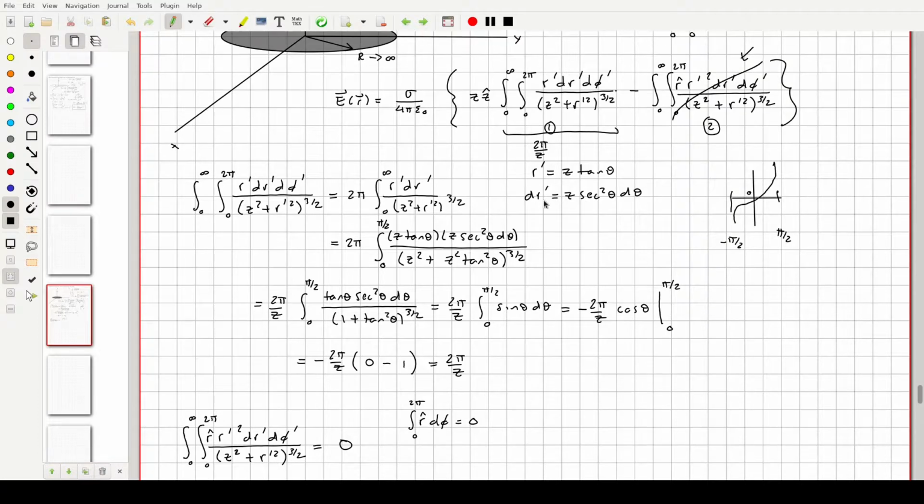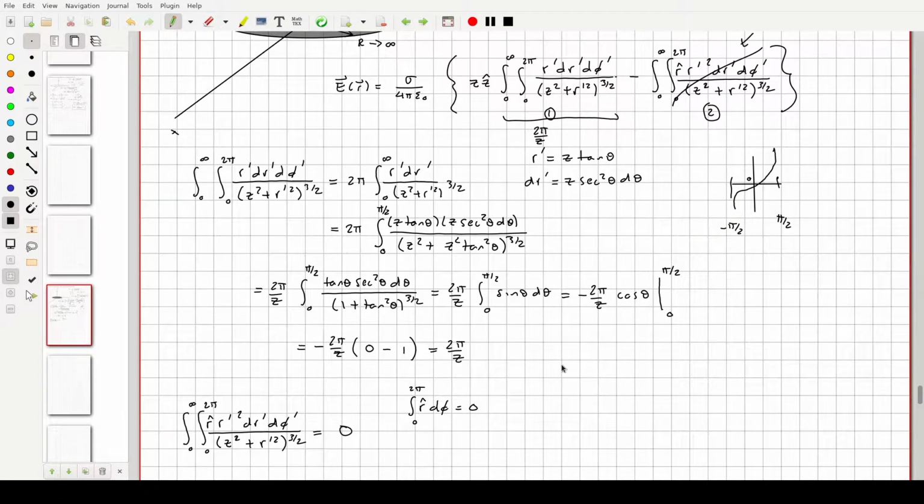So this is a lot easier to do than the other ones, in part because we already have a little bit of experience dealing with them. So now my electric field is going to look like sigma over 4 pi epsilon naught times z, z hat, times 2 pi over z.